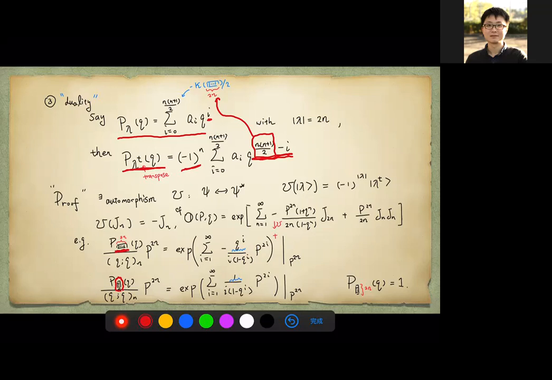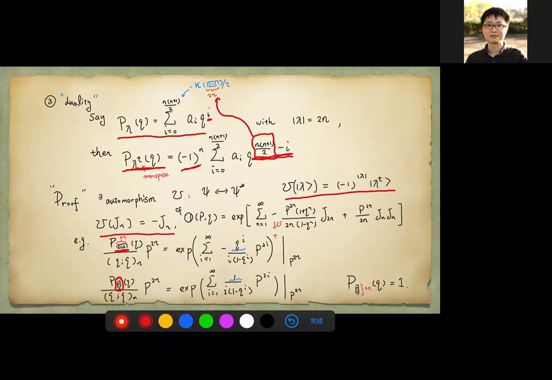Then we can use the automorphism of the free fermion, which changes the basis from lambda to lambda transpose, and it gives the free boson just a minus sign.